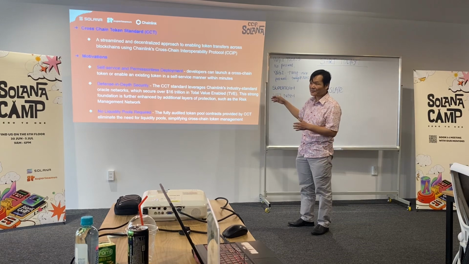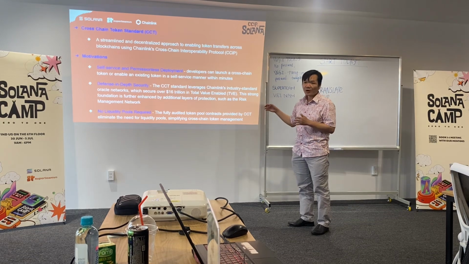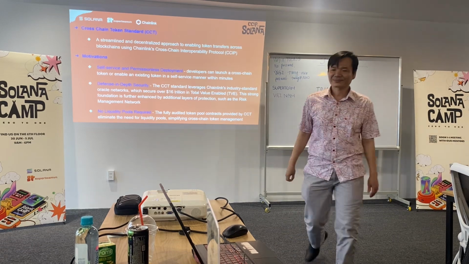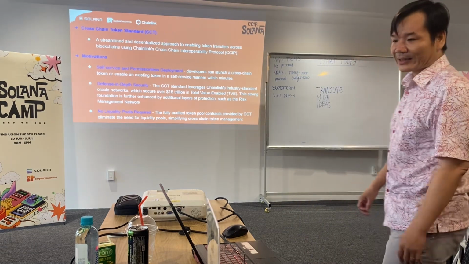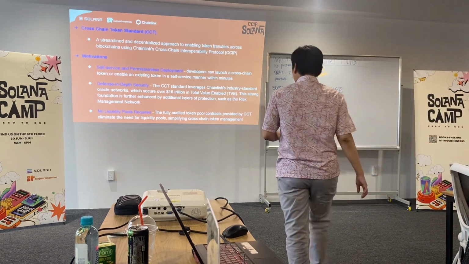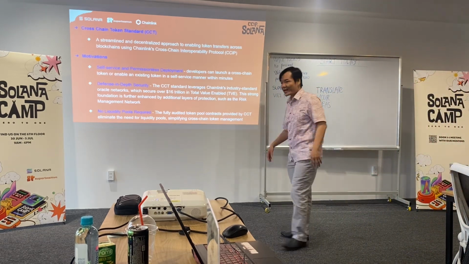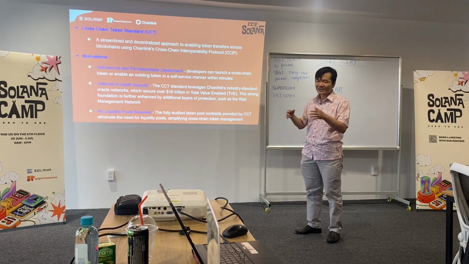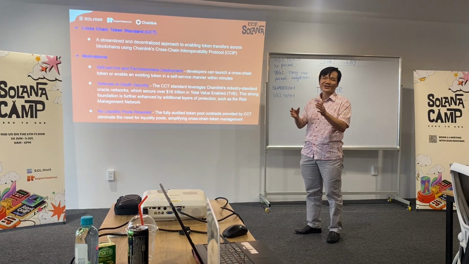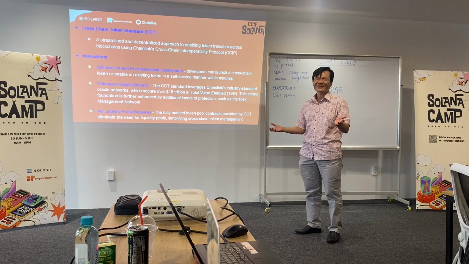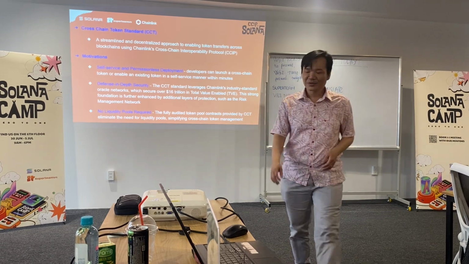You can build and deploy your own token using the cross-chain token standard. With this, you don't need to do anything else: you only need to name your token and choose the chain you want to transfer the asset to, and that's all. Chainlink CCT will handle it for you.